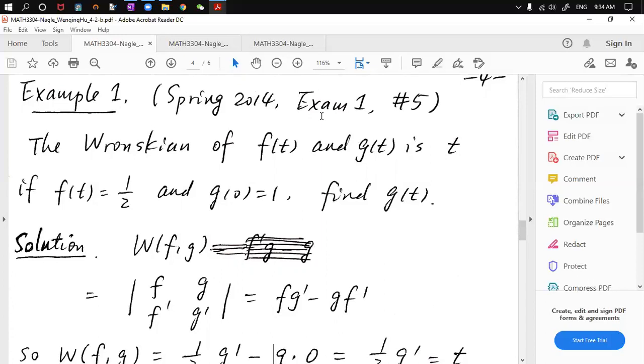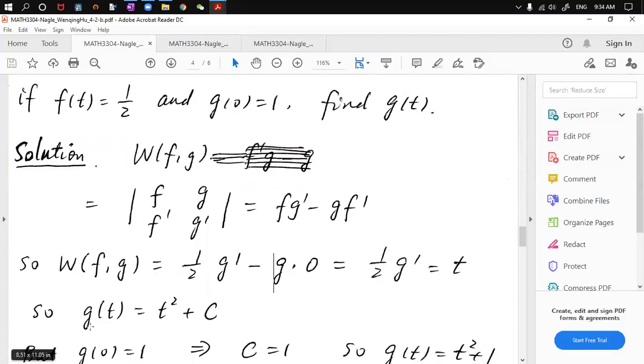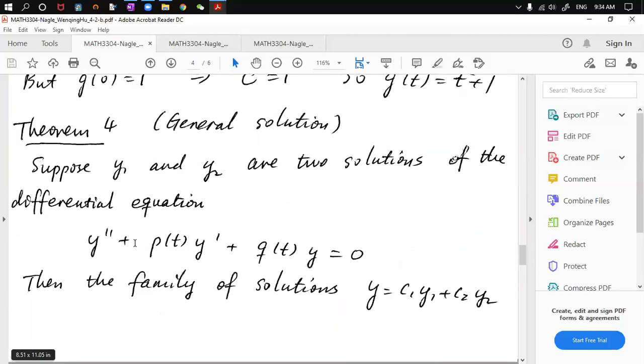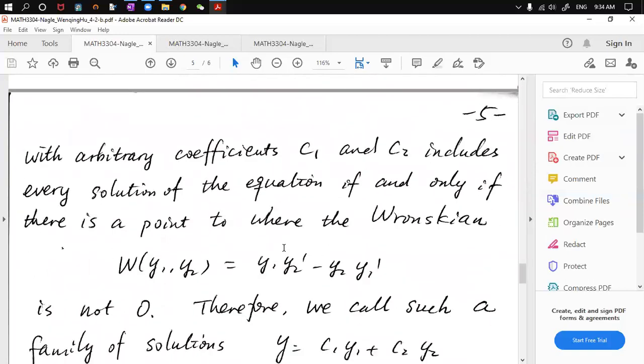So that's the summary. The general solution of this homogeneous, constant coefficient, linear equation is going to have a family of solutions, y(t) is c1 y1 plus c2 y2, and this family includes every solution if and only if the Wronskian is non-zero.